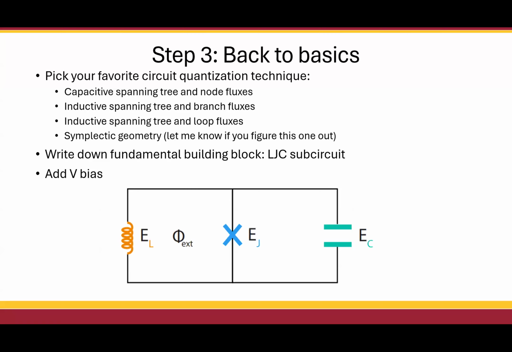And he will sometimes say yes, and more often say no. And then just write down the simplest thing you can, which is an L, a J, and a C with a bias flux, and I didn't draw it here, but a bias charge, a bias voltage. And start from that. That is the simplest possible thing that's going to bring in all the Hamiltonian terms.